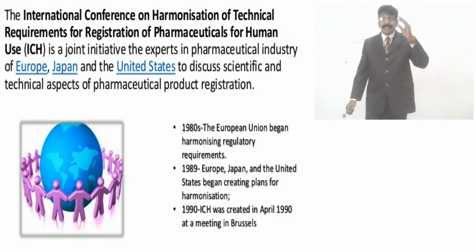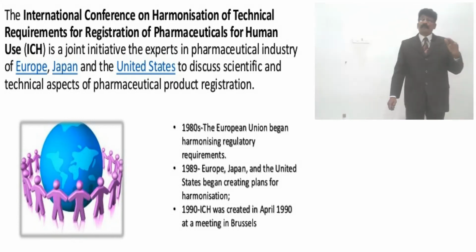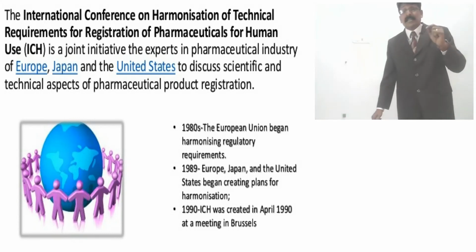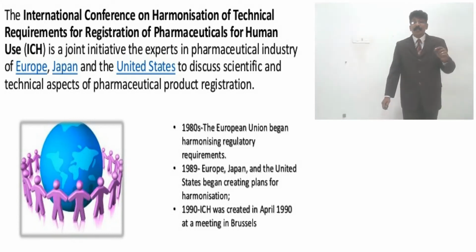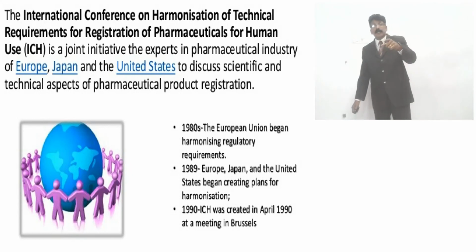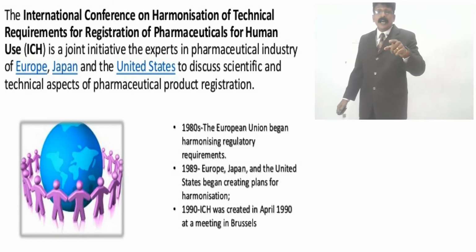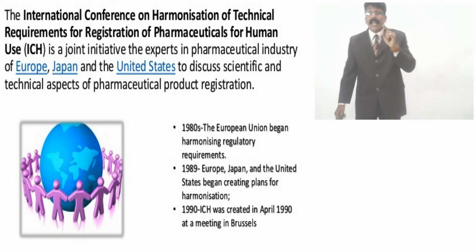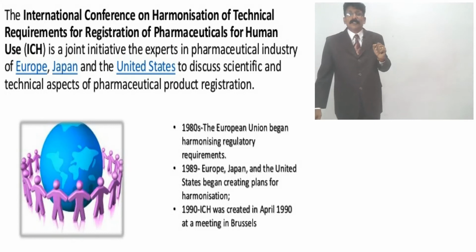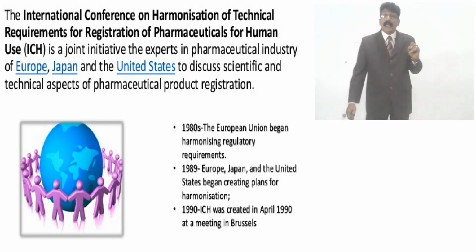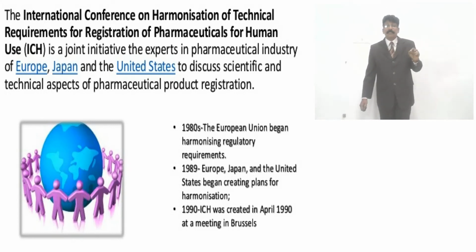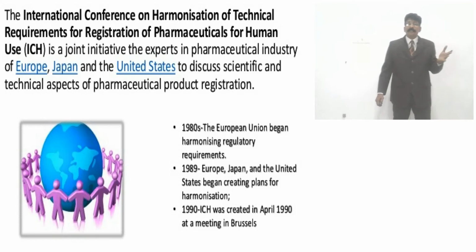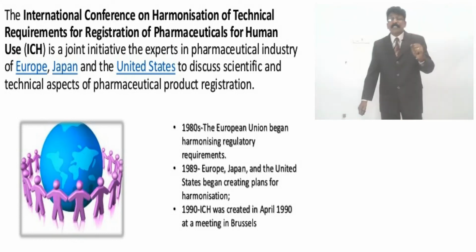And just some of the chronology, that means some of the history and some of the meetings. For example, in the 1980s, the European Union began harmonizing regulatory requirements. In 1989, Europe, Japan and the United States began creating plans for harmonization.